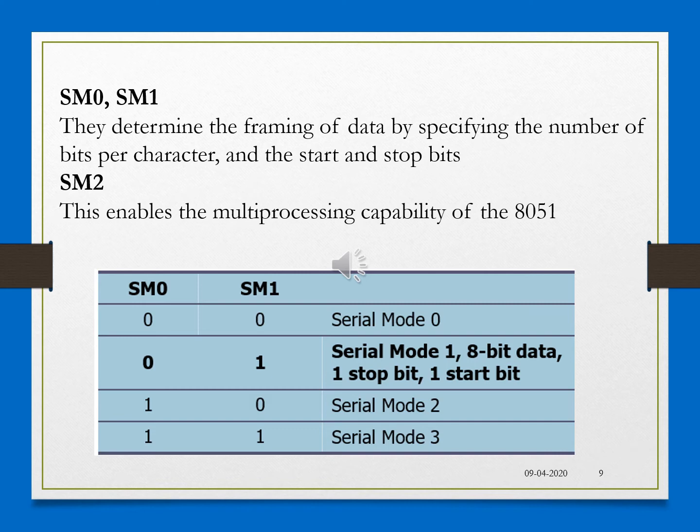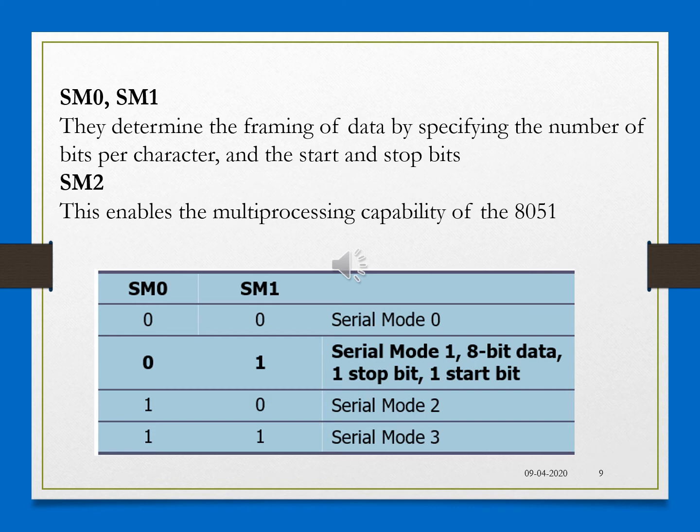So see here, we are only interested in mode 1. Modes 0, 2 and 3 are not used and are not of interest. Okay, so we are interested only in serial communication operating in mode 1.